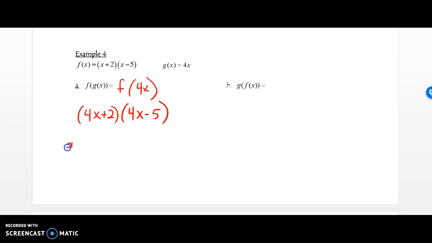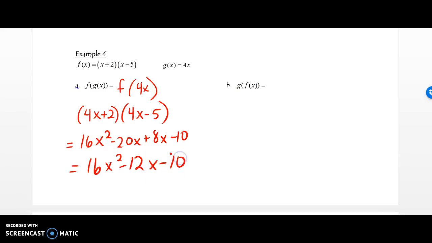So we'd end up with 16x squared minus 20x and plus 8x, and then minus 10. Combine your like terms. And we get the trinomial 16x squared minus 12x minus 10.